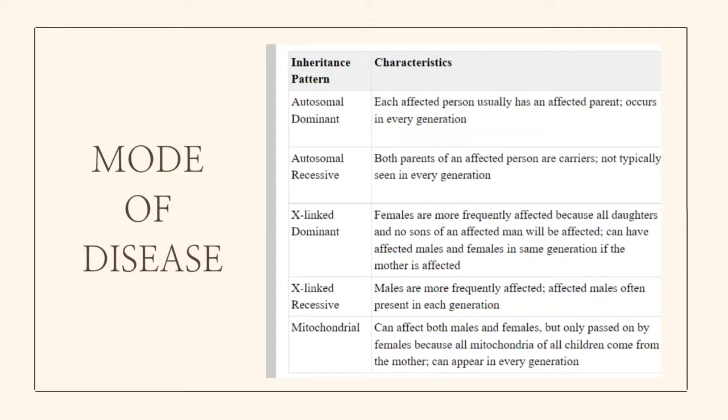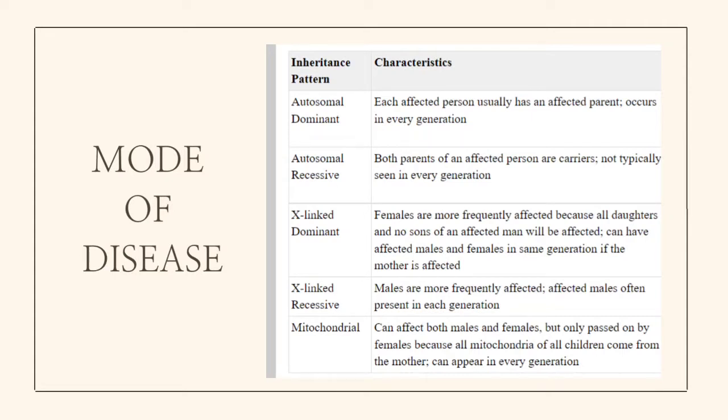From generation 1, there is an affected. Generation 2, all of the children are unaffected. And then generation 3, the child will be affected, or in this generation, even one or two will be affected children. Okay? So that is autosomal recessive.